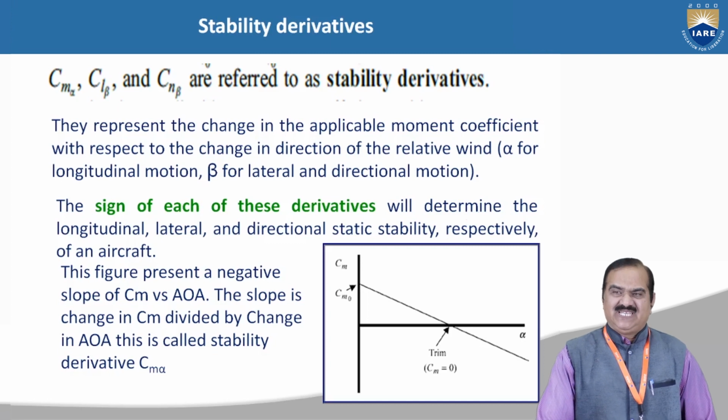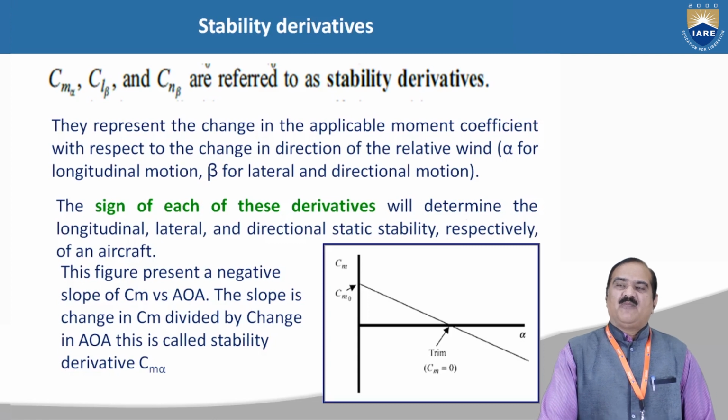In this diagram I have shown the longitudinal static stability, where the derivative Cm alpha is represented. Cm alpha is equal to dCm by d alpha.